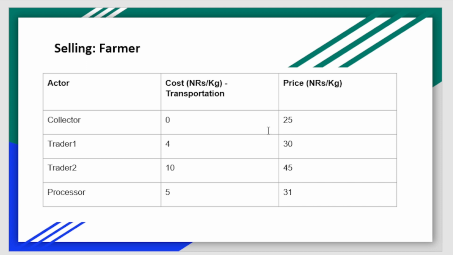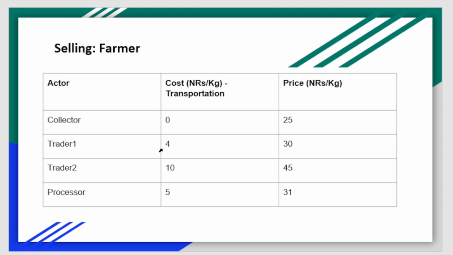Okay, if a farmer opted to sell their produce to trader 1, then it incurs 4 rupees per kg cost for transportation specifically, and then the price he or she will get from trader 1 is 30 rupees per kg.